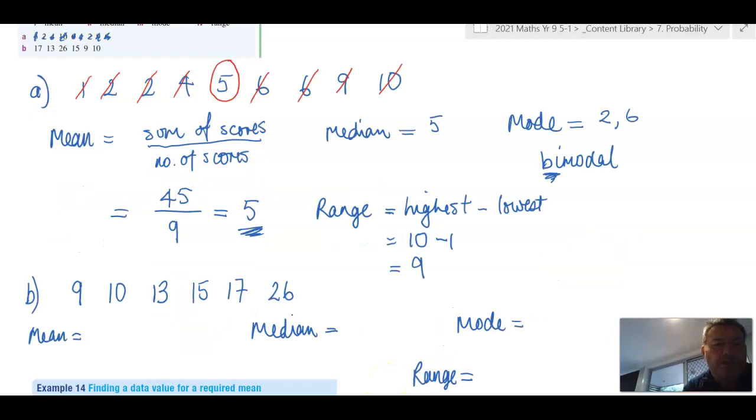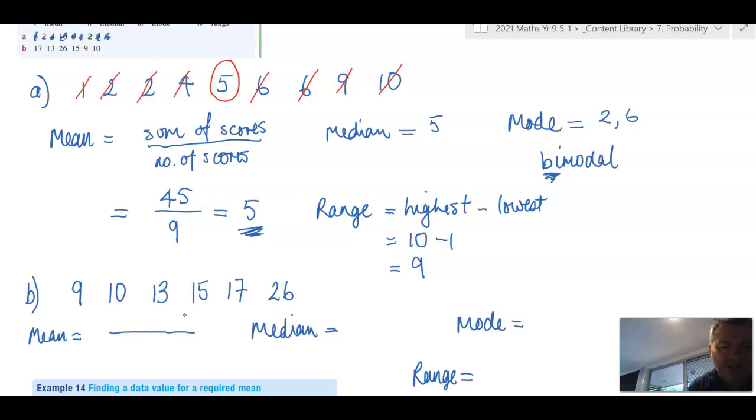Okay, so I've just jumped ahead a bit and I've written down the numbers for B, the scores for this second set of data, and we're going to calculate the mean, the median, the mode and the range for this set of data. So to calculate the mean, I need to add up all the scores, find the sum of the scores.